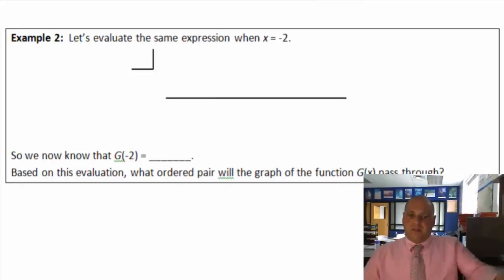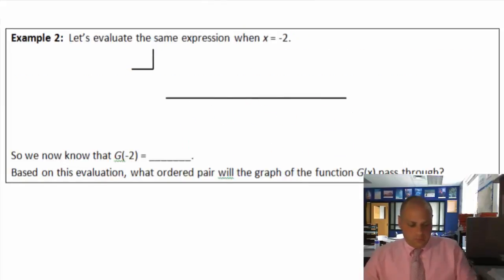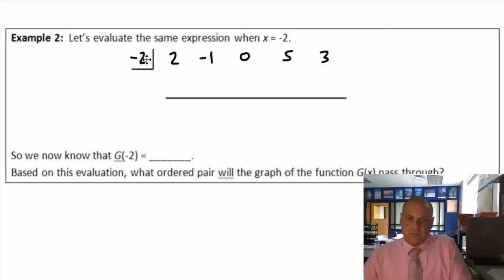All right, same expression when x equals negative 2. So it's 2, negative 1, 0, 5, 3. This time x is negative 2. Bring down the 2. Multiply, negative 4.